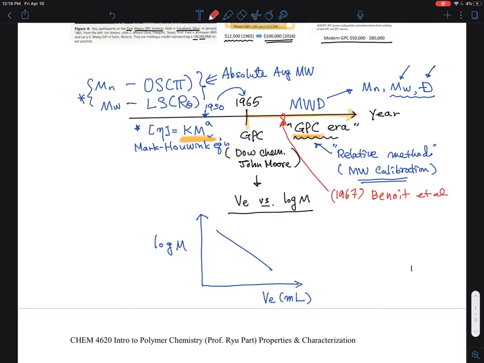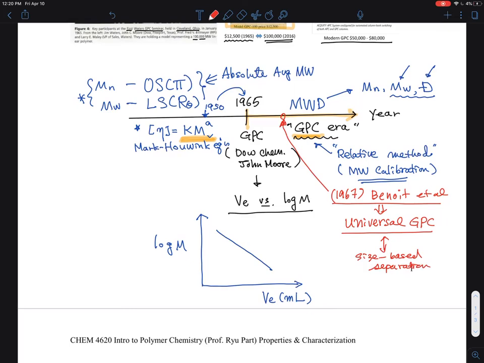He's the one who actually did an experiment on GPC to bring out the concept of universal GPC. And this finally gives a meaning to size-based separation.